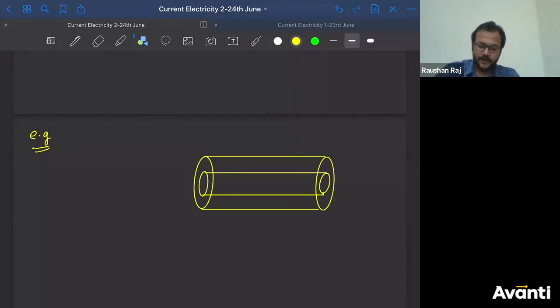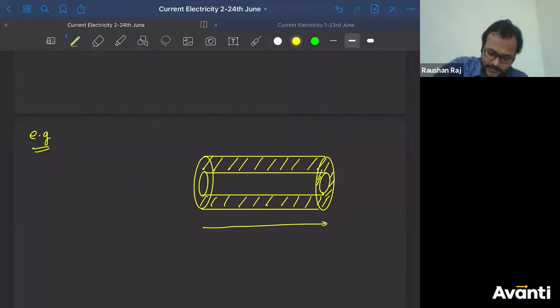The radius of outer shell, this shaded portion is what? This solid portion. The unshaded is hollow one. All right, ये पूरा ऐसे, ये तो पीछे वाला दिखेगा नहीं, no problem.